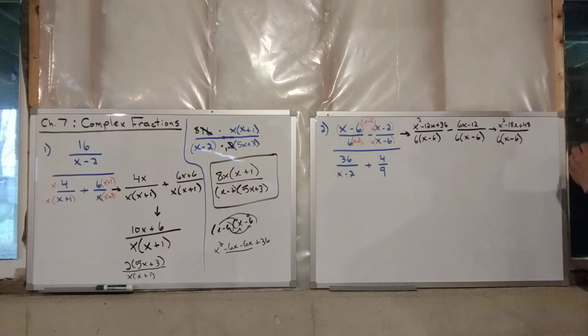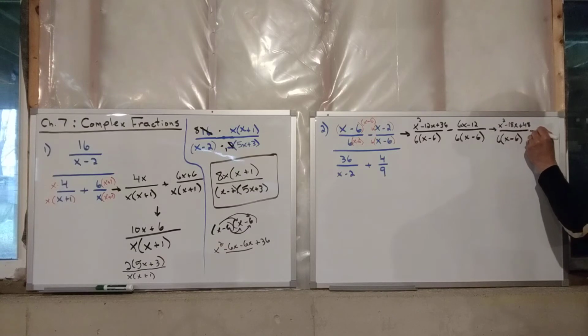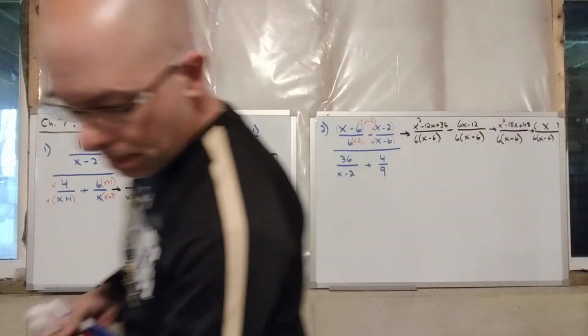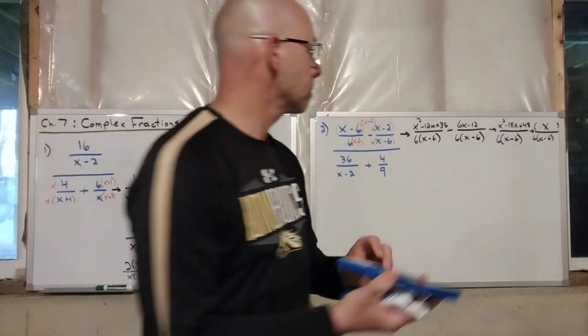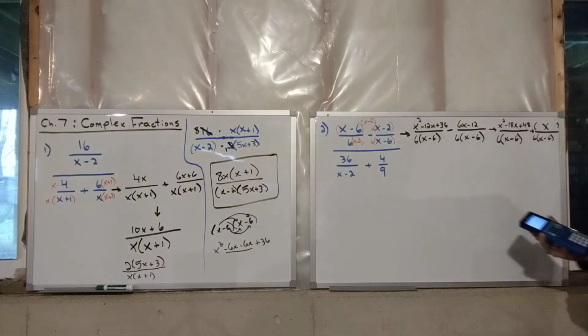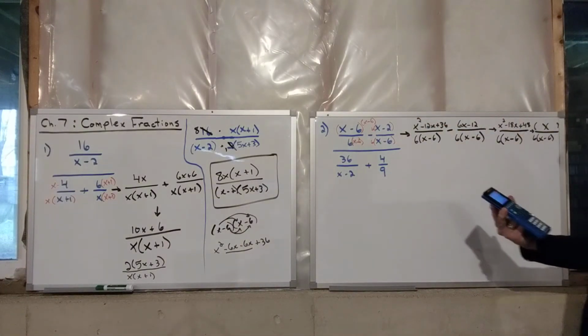Okay. I have one final thing, and I'm really going to be squeezing this, I think. Is to try to factor this. The x squared minus 18x plus 48 looks to me like it'll factor. Let me think about this a minute. Just thinking of things that multiply to 48 to make sure this 18 will work out.